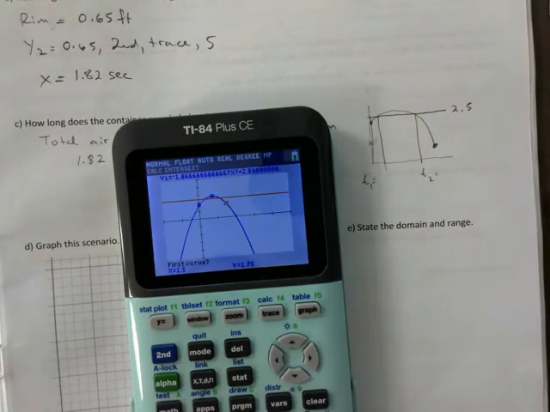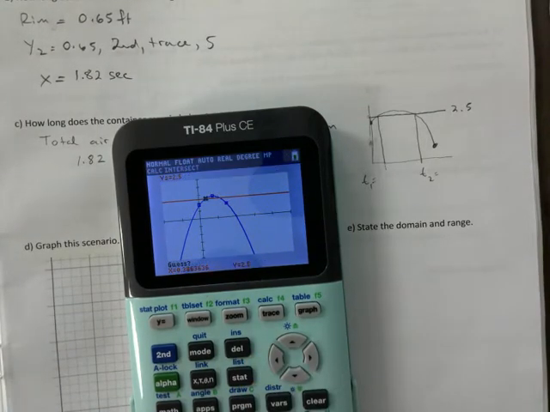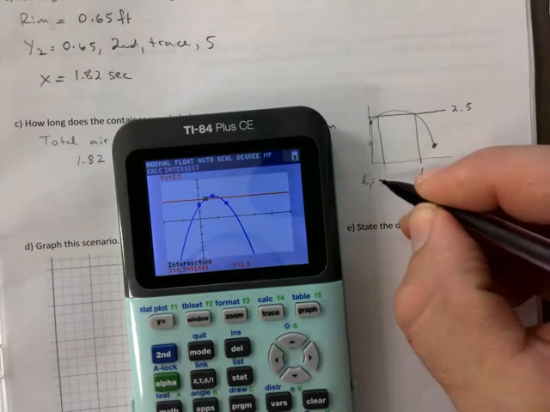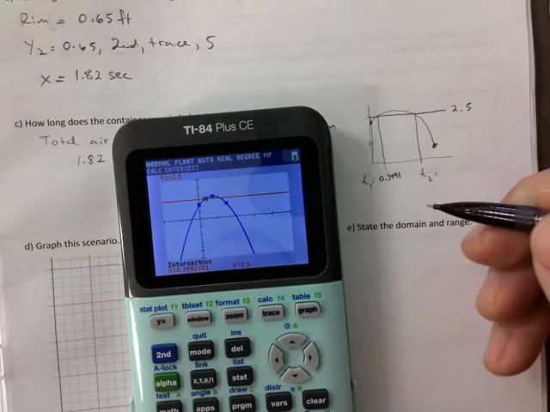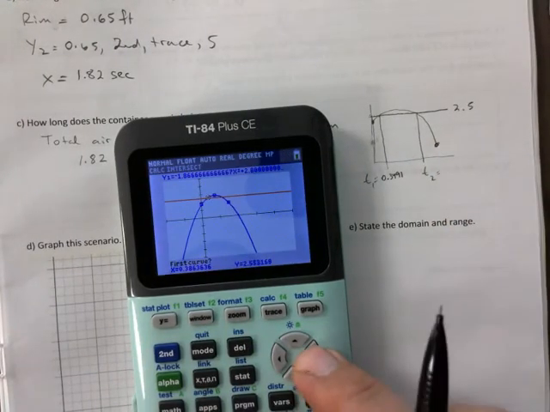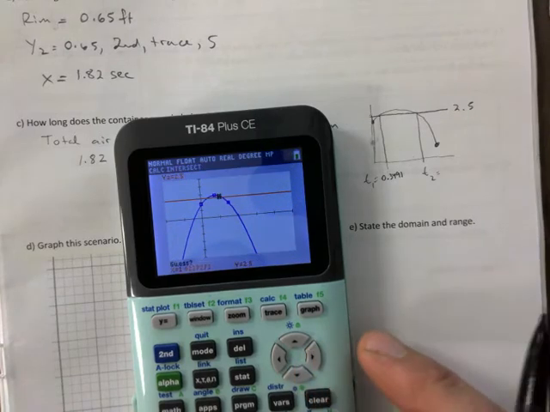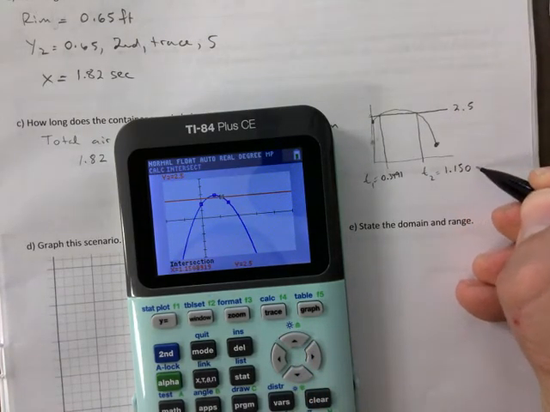Okay? So let's go ahead and find that. Second trace 5. Let's find the first intersection. That's 0.3491. Remember 4 decimals here, right? We're going to subtract them. Enter, enter, enter. The second instance is 1.1509.